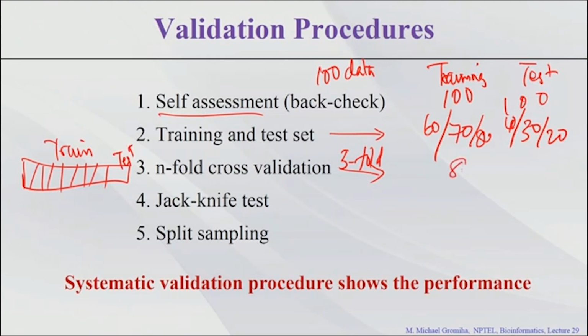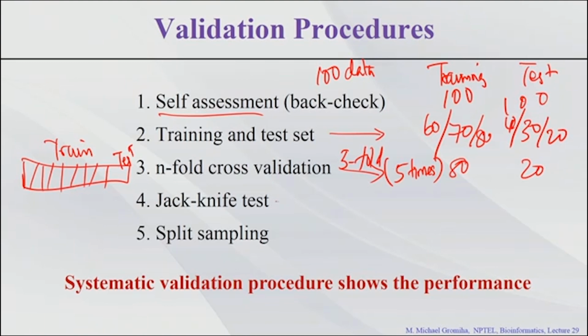So, 80 you train and 20 you test, but you do it 5 times, so that each sample will be in the test at least one time. In the earlier case that is not so: something is training then it is the test, but not the other way around. Here, if you do the cross validation, all the samples will be at least once in the test.